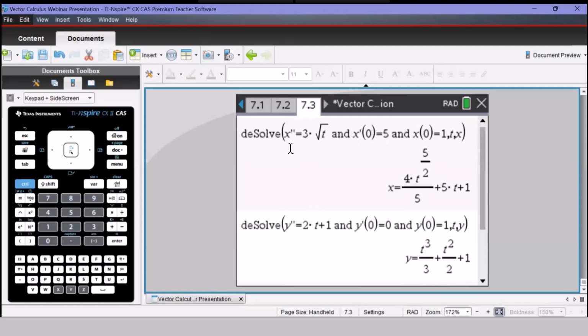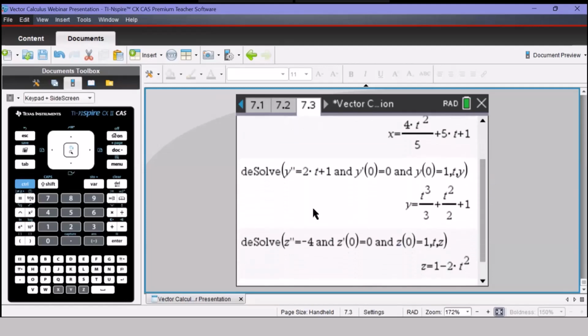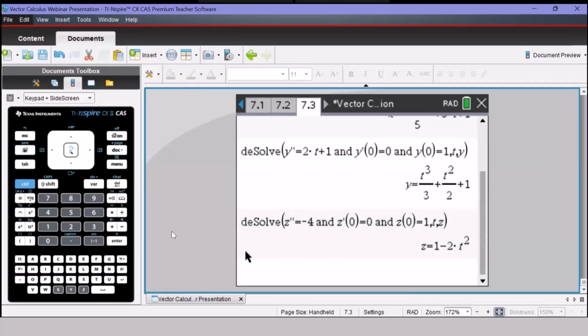So x double prime is 3 root t, and x prime of 0 is 5, and x of 0 is 1. Independent variable, dependent variable. So that's the I component for the position vector, and then the corresponding differential equation and conditions for the J component and the K component.